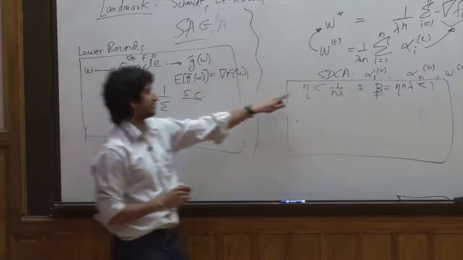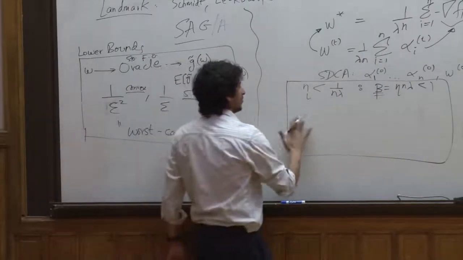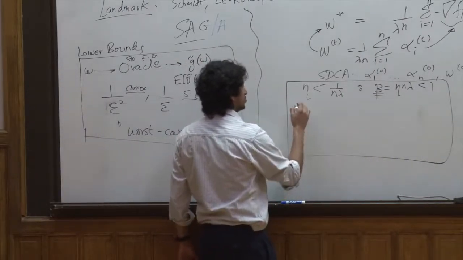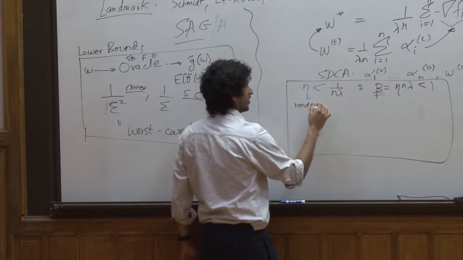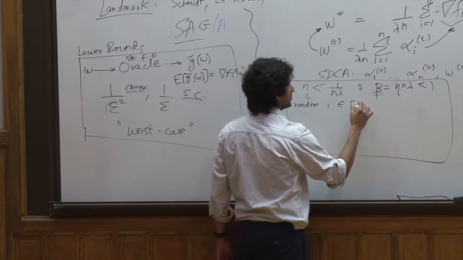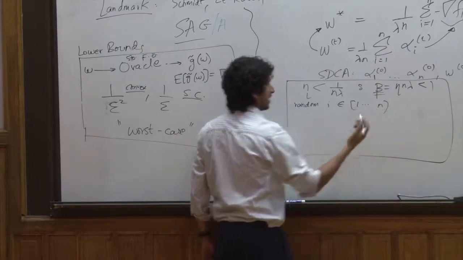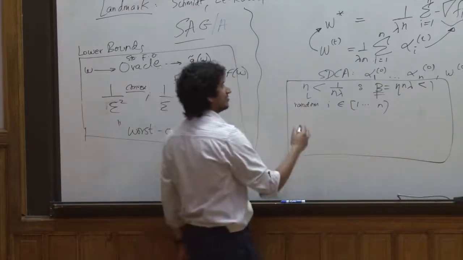So you choose this step size, and then you choose a random i from 1 to n, and update alpha i.